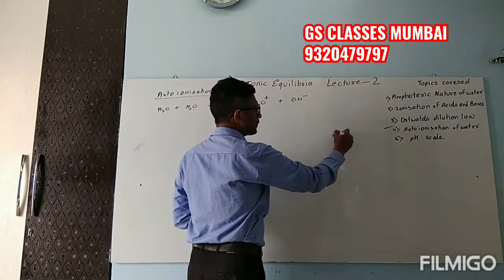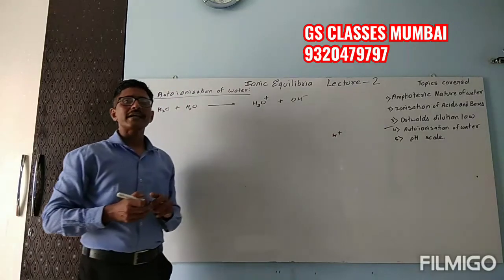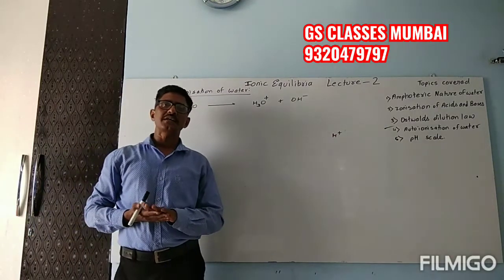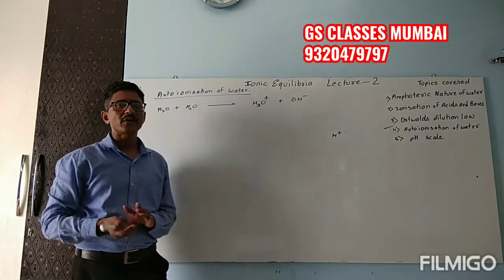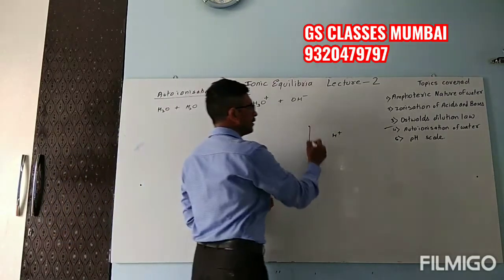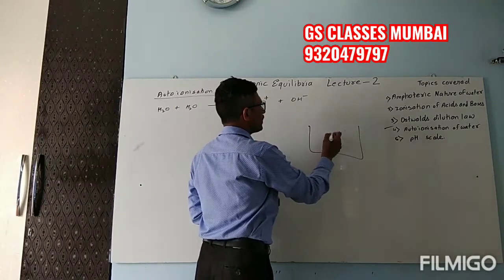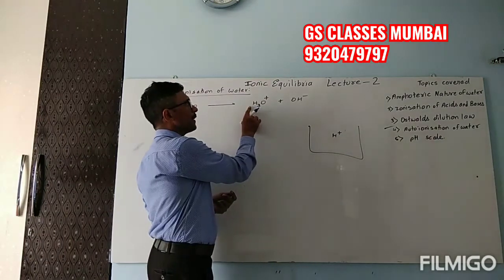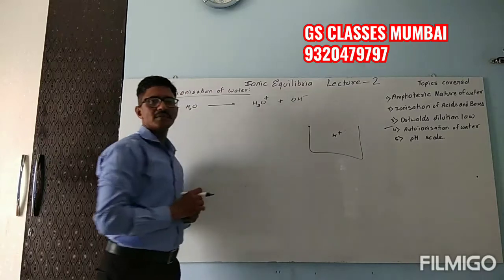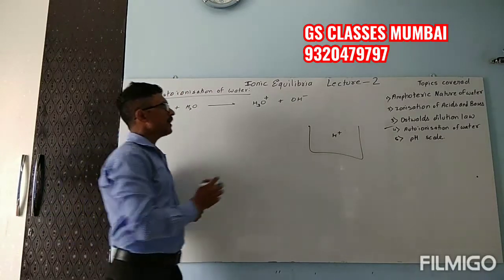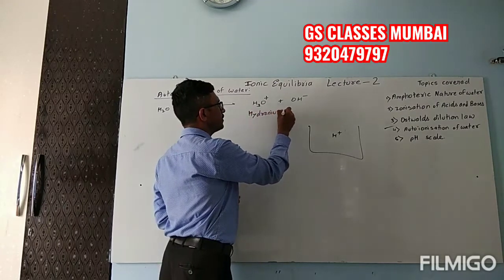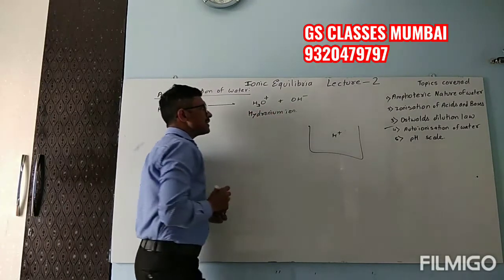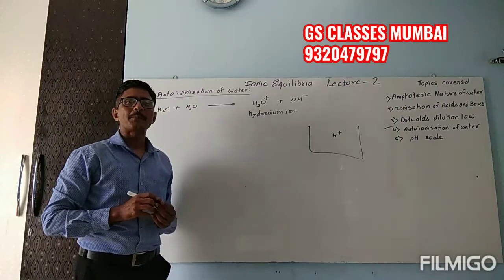Children, H plus ion does not exist in the free state. It is not possible for H plus ion to exist in the free state in water. Henceforth, we represent it in this form H3O plus, also known as the hydronium ion. This is just a symbolic representation.